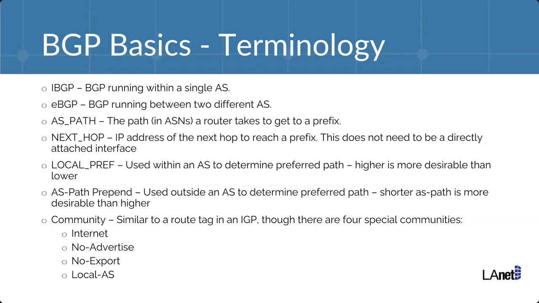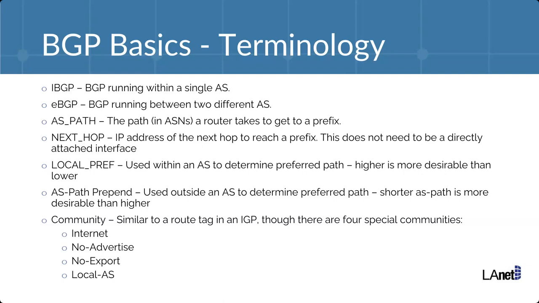In general, it's a number, and in general, the higher the number, the more desirable that path is, right? So you could raise or lower local pref in your autonomous system to prefer or de-prefer a particular path.